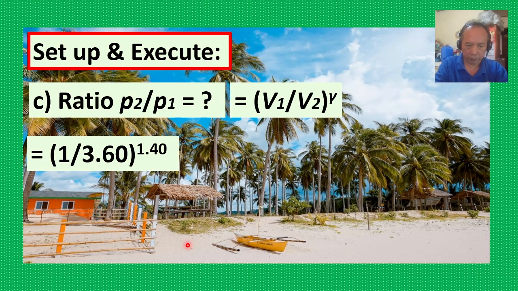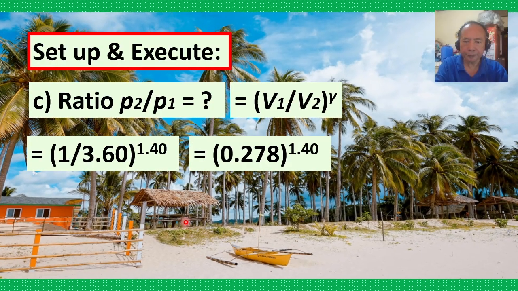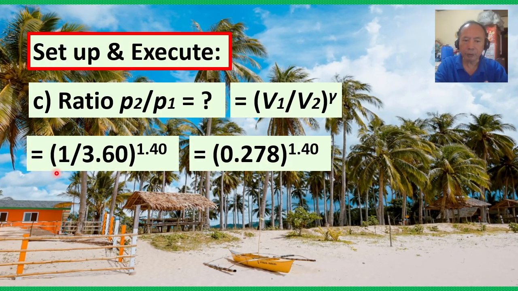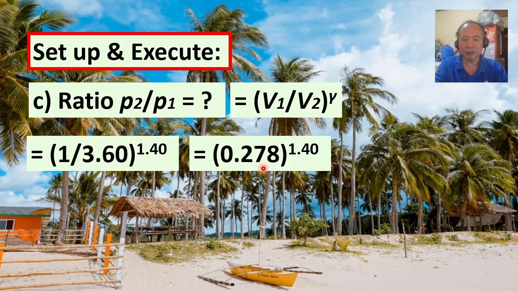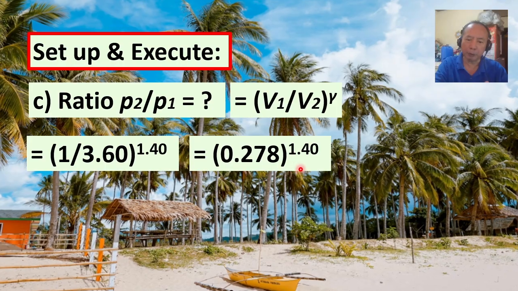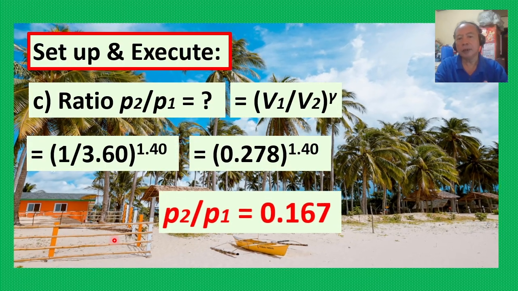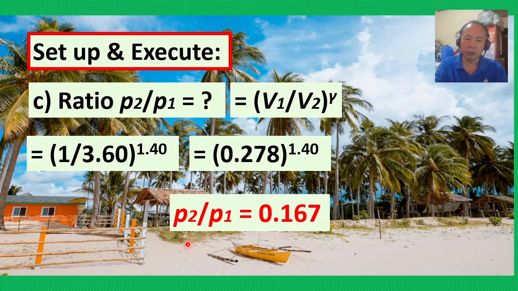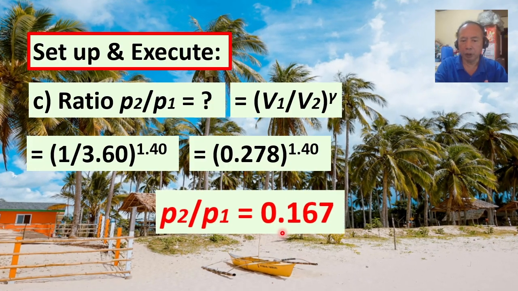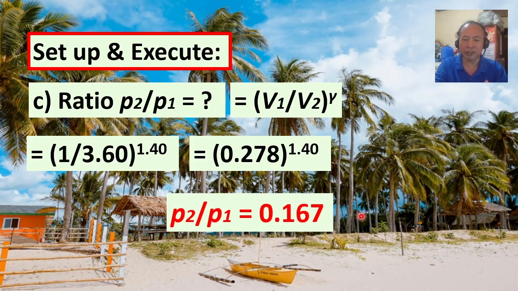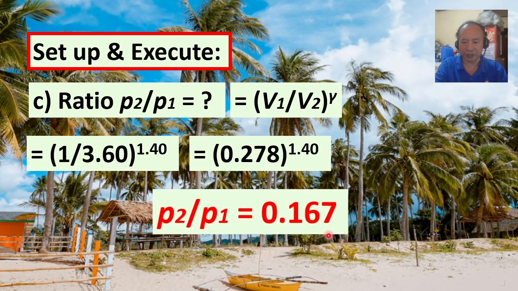So with the help of your calculator, 1 over 3.60 is the same as 0.278. And raising it to the power 1.40, we obtain the ratio of the gas pressure P2 to P1 equal to 0.167, also in three significant figures, which is our answer to question letter C.